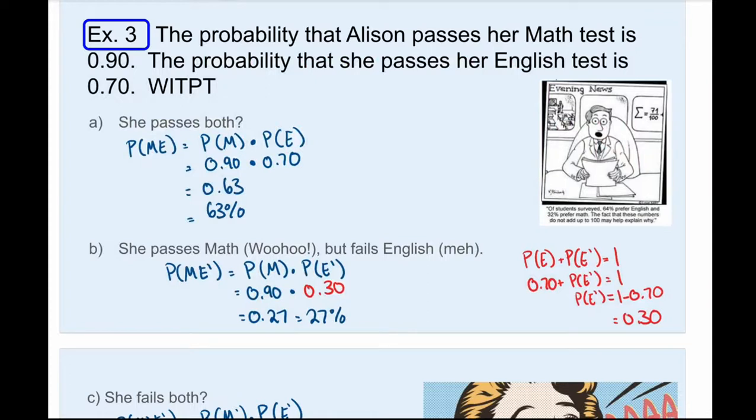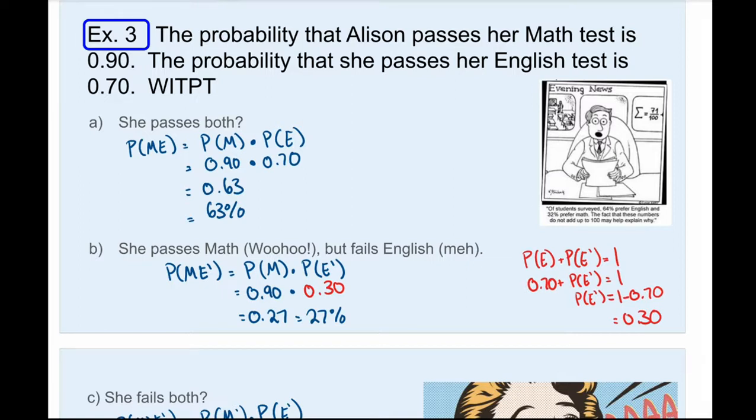So coming back to this, we're going to walk through each one. If you already know, you can double check your answers and listen to the explanation. For A, if she passes both, we should have recognized that these are independent events.